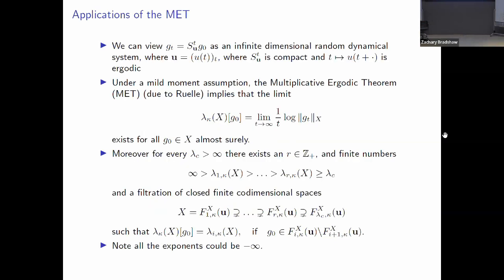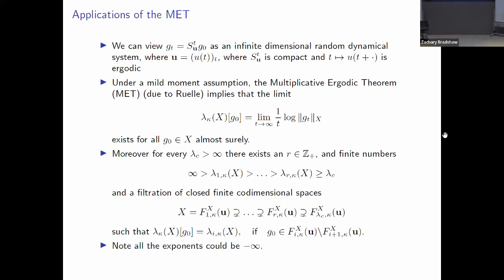But more generally, we can actually apply tools from the multiplicative ergodic theorem, in infinite dimensions. Some of you may not be familiar with some of this machinery, but I'll try to explain it as simply as I can. We can think of the evolution of the scalar as an infinite dimensional random dynamical system.